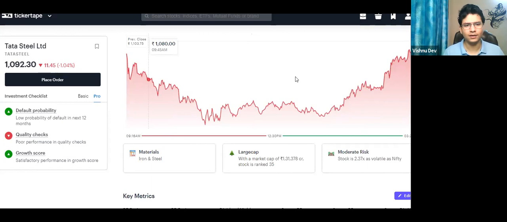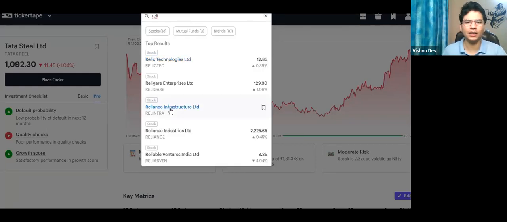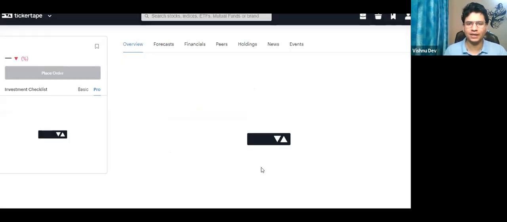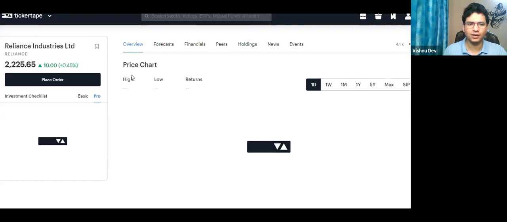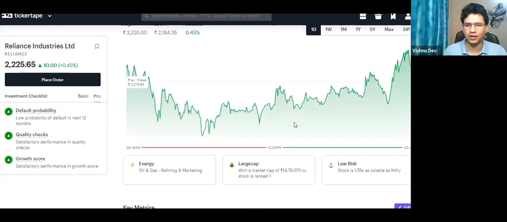Reliance is also large cap, but I guess it is not the topmost company now. I guess it is HDFC now. It keeps changing. Now it is rank 1.